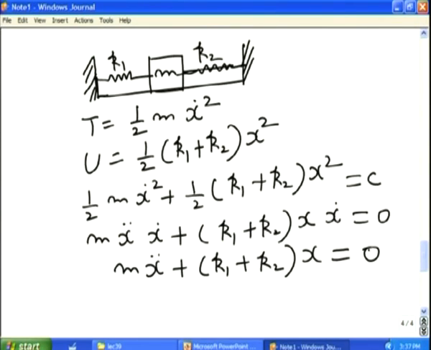This is the equation of this system. If we quickly want to find the frequency, we can always put x is equal to a sin omega t, then find x dot, and by equating T max equal to U max, we can find the expression for the angular omega, that means the circular frequency.